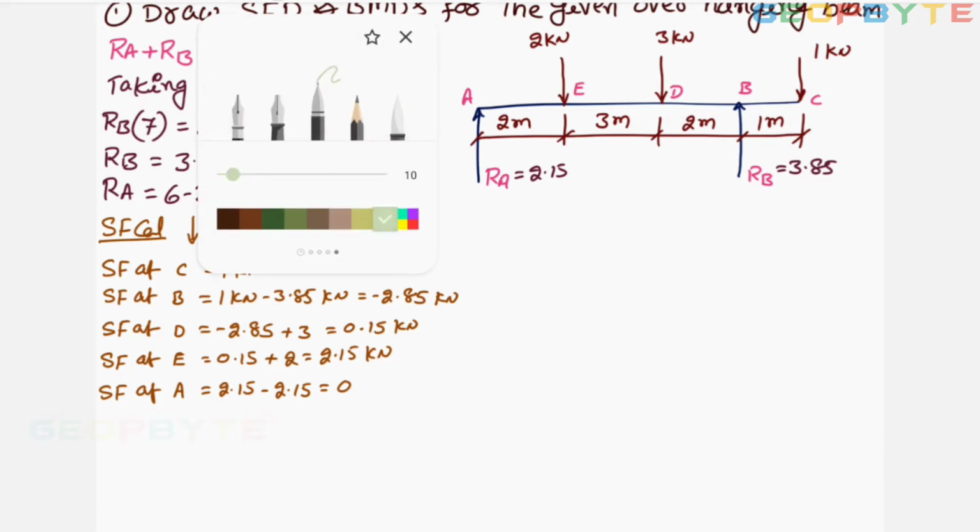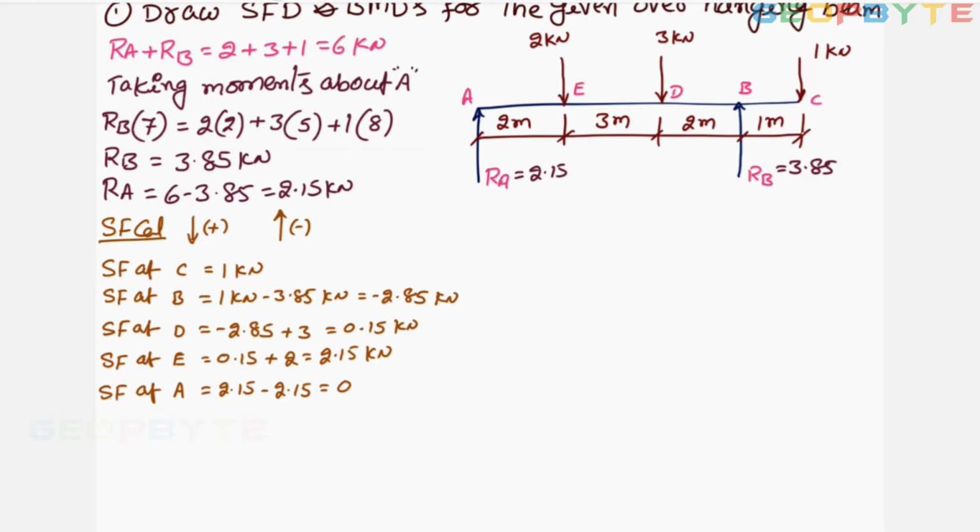Now let us have the projections for constructing the SF diagram. Draw thin lines from the respective points.